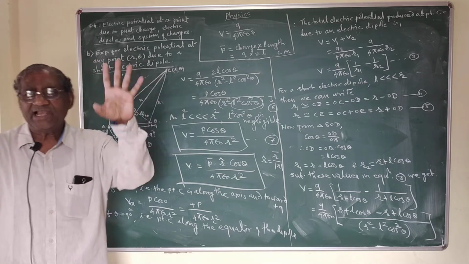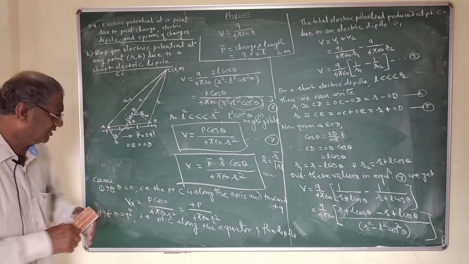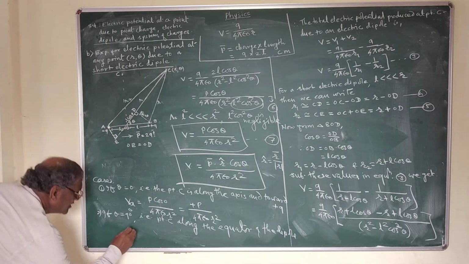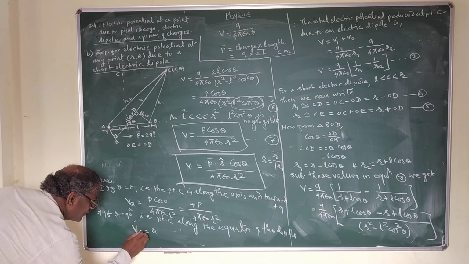Therefore, total electric potential at point C is equal to 0. Therefore, VE is equal to 0.